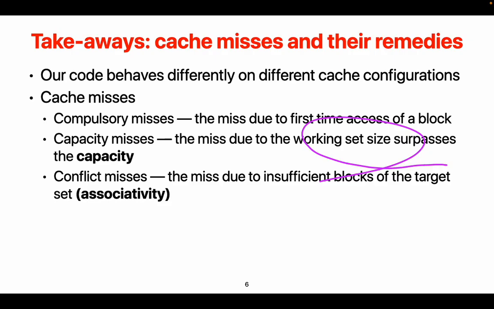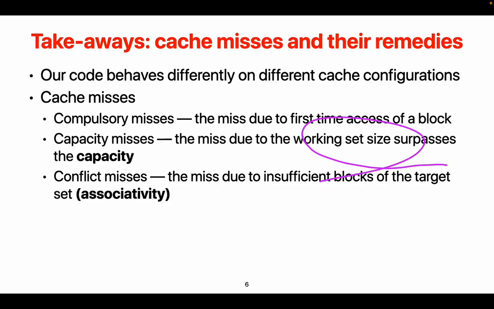The third type of misses is called conflict misses. Conflict misses have a strict definition that's not related to the capacity of your cache. That's why I introduced them in this order. If you want to declare something as a conflict miss, you have to say this is not a compulsory miss, this is not a capacity miss, then you can say this is a conflict miss. If you didn't prove the prior two are not the cause of misses, you cannot say this is a conflict miss.